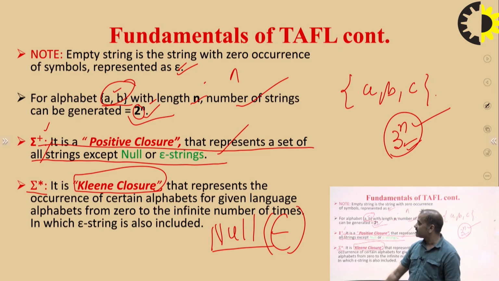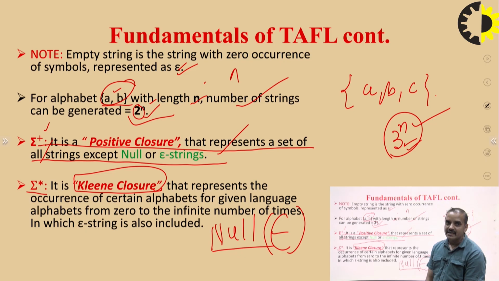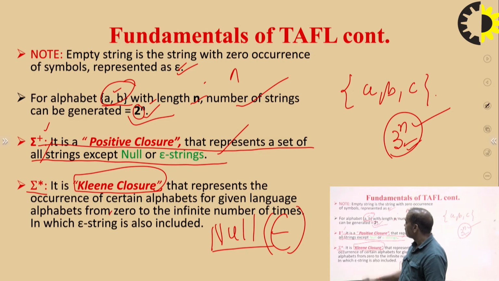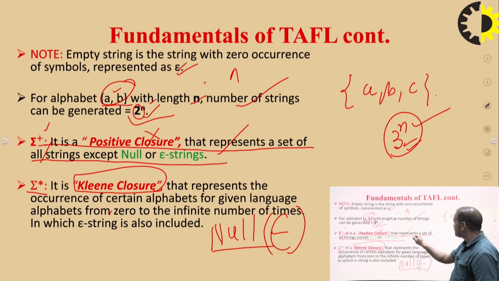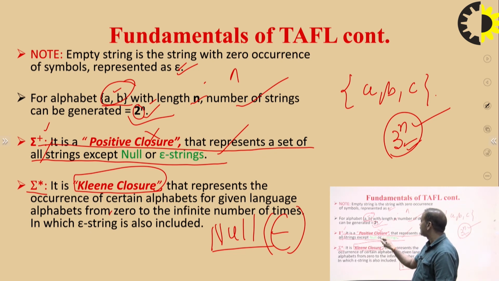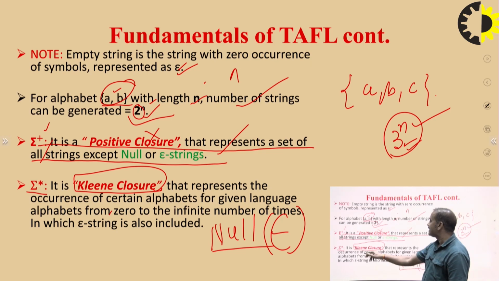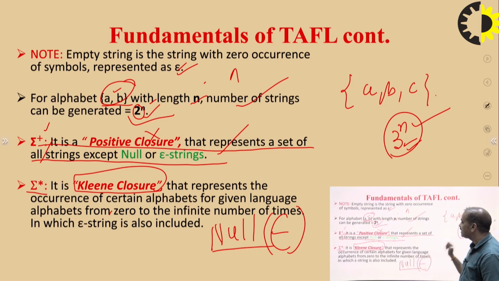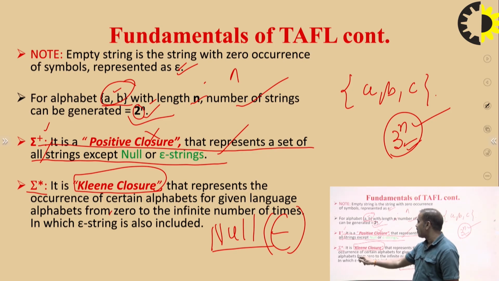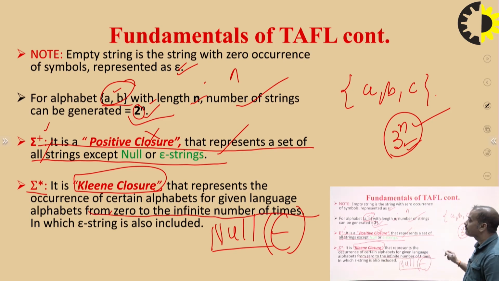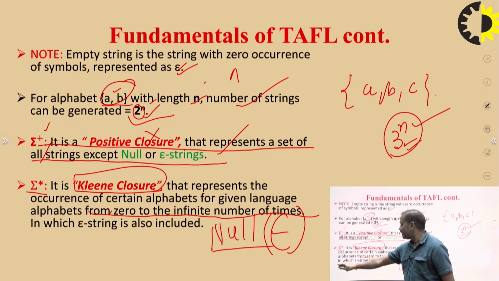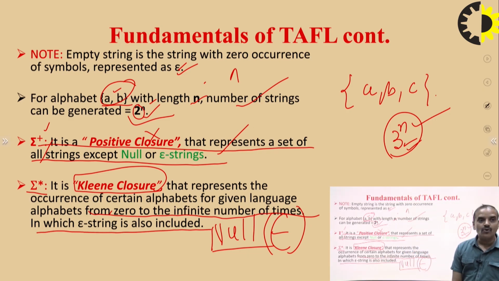But in the case of sigma star, the set of all strings concatenating zero or more symbols includes the null string, whereas sigma plus does not include it. Sigma star is the Kleene closure, which represents the occurrence of certain alphabets of a given language from zero to infinite number of times, in which the null string is also included.